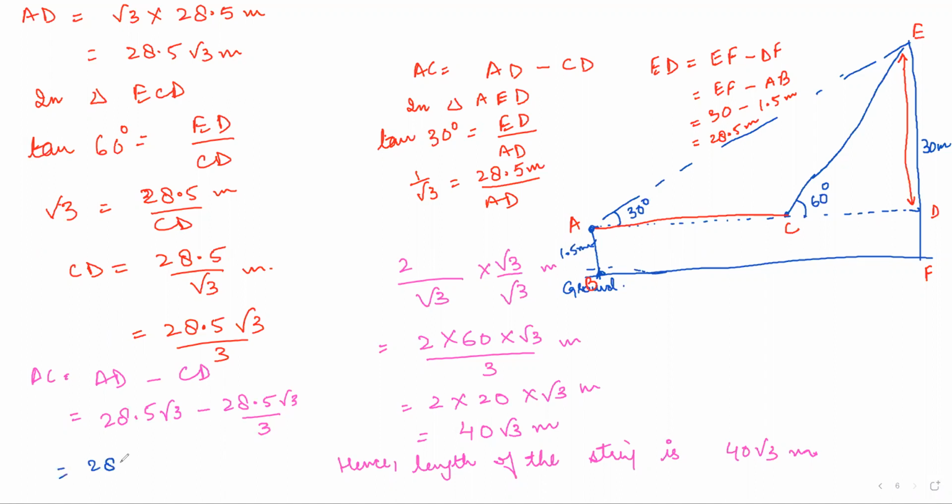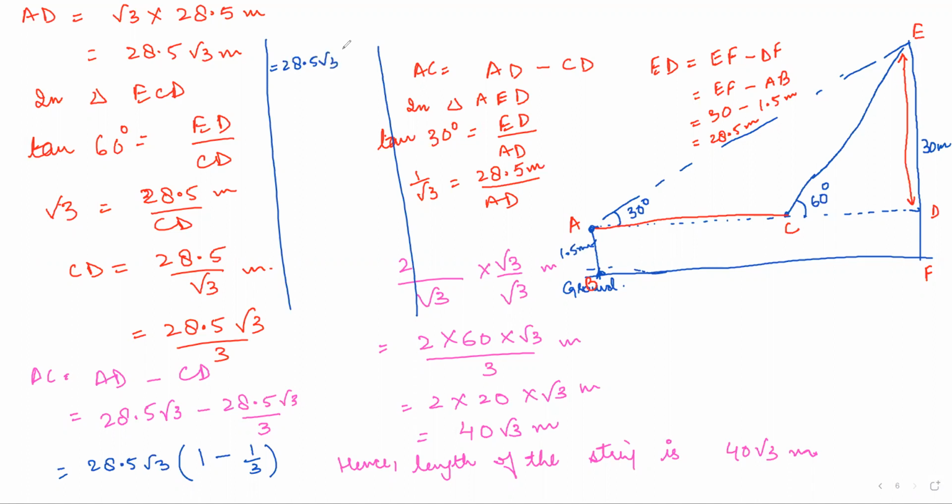You can take 28.5 root 3 common, so you will be left with 1 minus 1 upon 3, right? Then you take LCM. LCM will be 3. It will be 3 minus 1, that is 2. So 2 by 3. Clear?